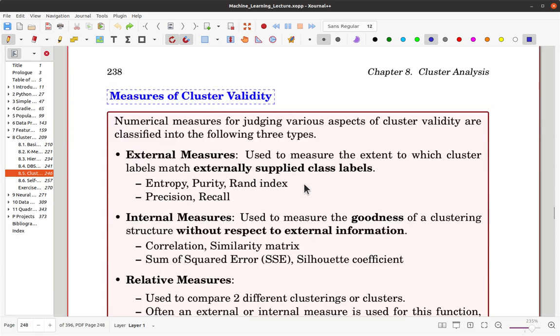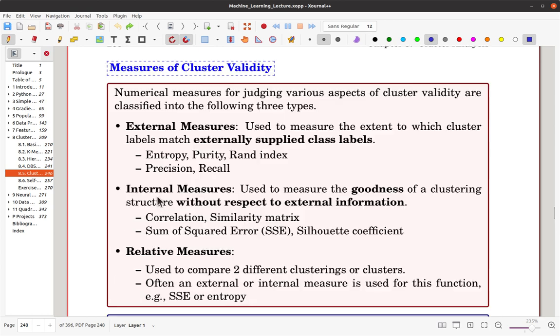Okay. Now we'll go back to cluster validity. Here we have measures. For external measures, we are using ground truth labels. The examples are entropy, purity, and rand index.